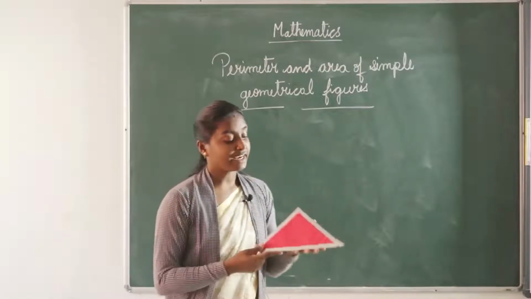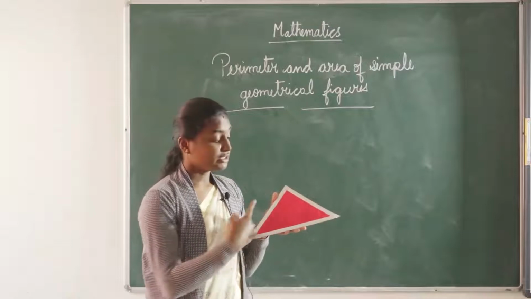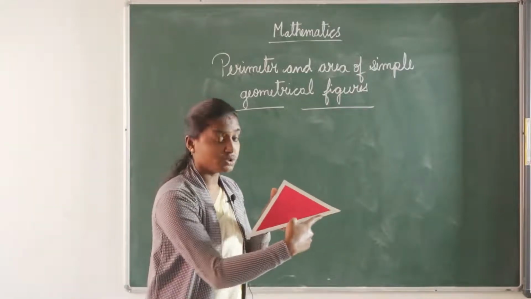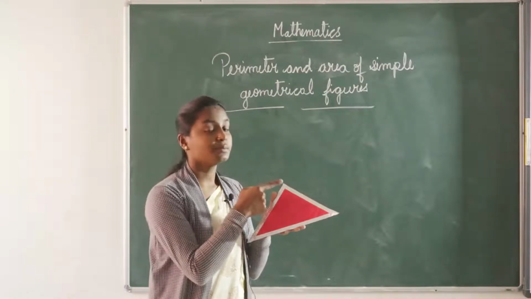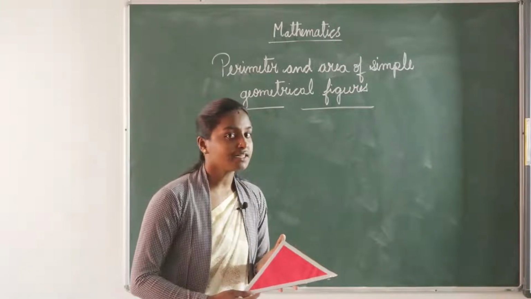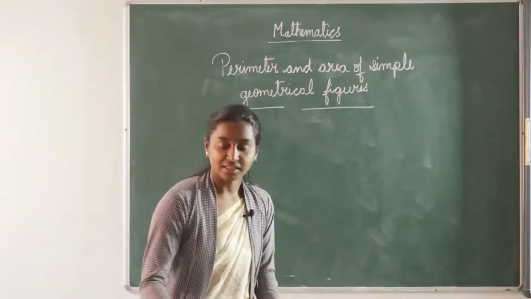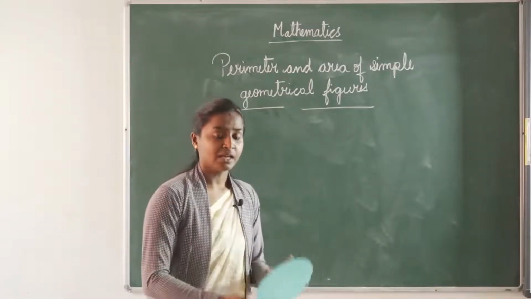For example, this triangle is a figure closed with a boundary and it contains points, lines and curves. Where will we get a curved line? In a circle. Yes, very good.